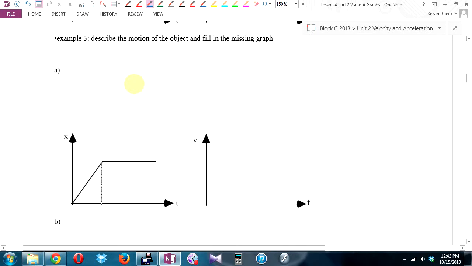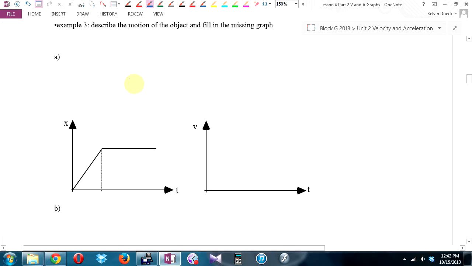Example 3, part A says, describe the motion of the object and then fill in the missing graph. And we're going to add some numbers to this. How about we make this number right here 12. Let's make a little note.